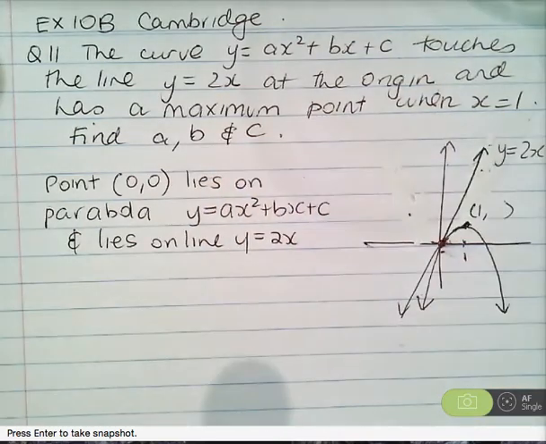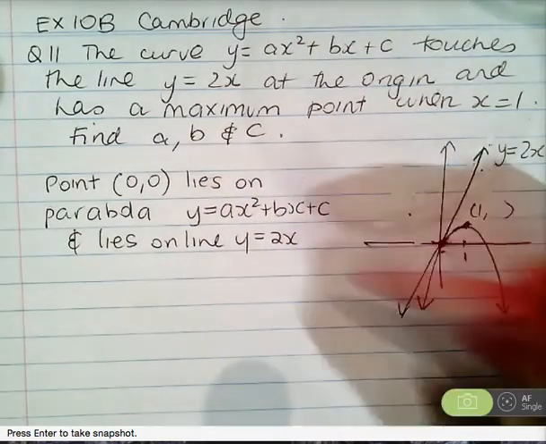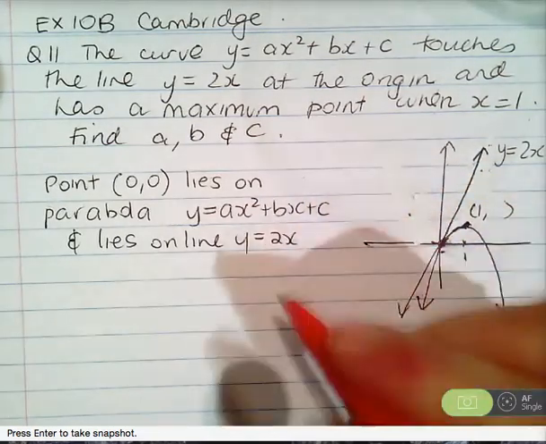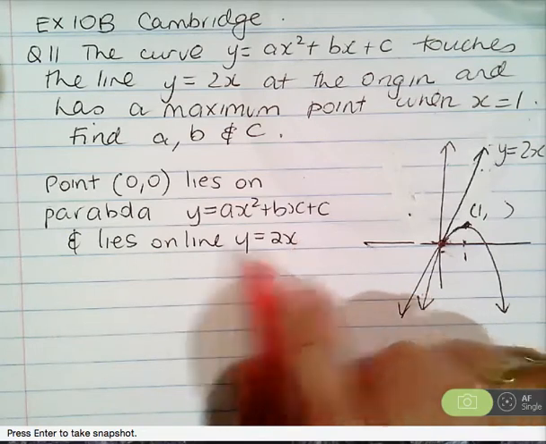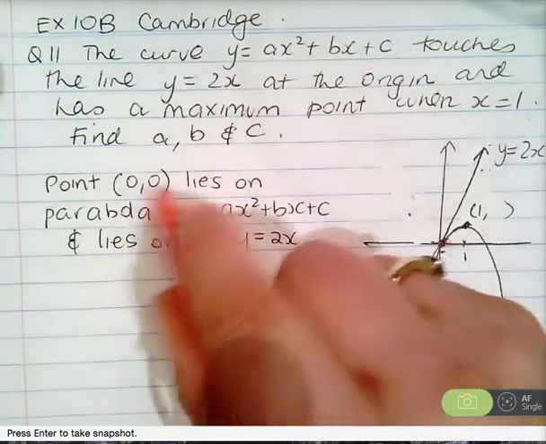Now, when you know that a point lies on the line, you can substitute that point into the line. So if I substitute x is 0, I get that y is 0, but I already know that.